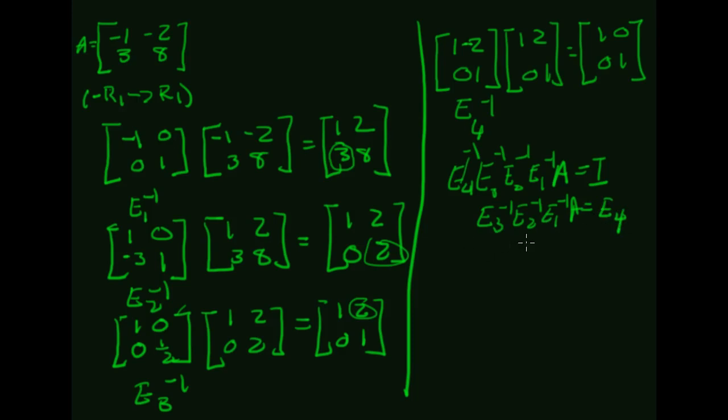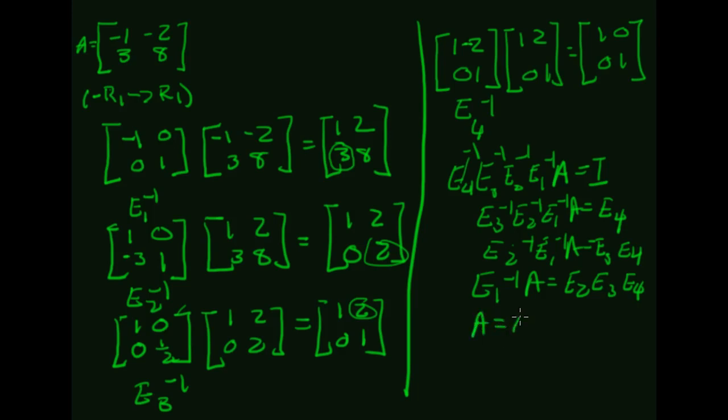Now I multiply both sides by E3. That gives me E2 inverse, E1 inverse A is E3, E4. Now multiply both sides on the left by E2. It gives me E1 inverse A is E2, E3, E4, and then multiply again by E1.